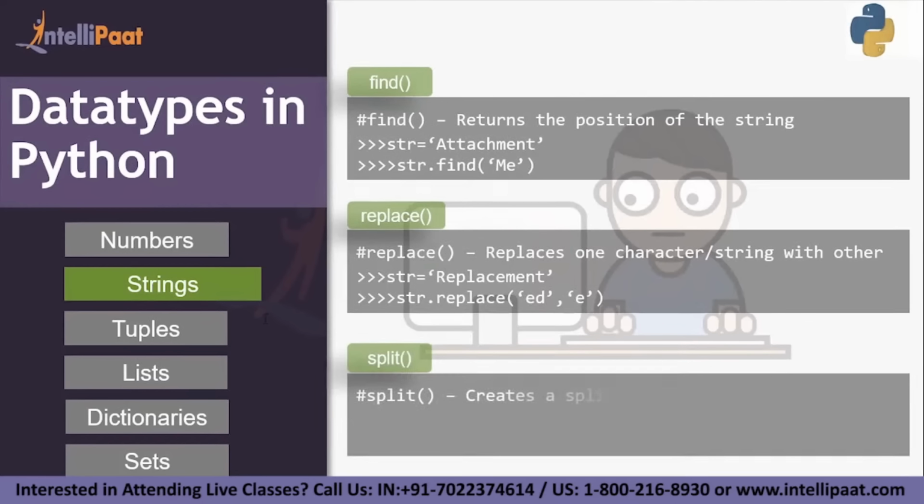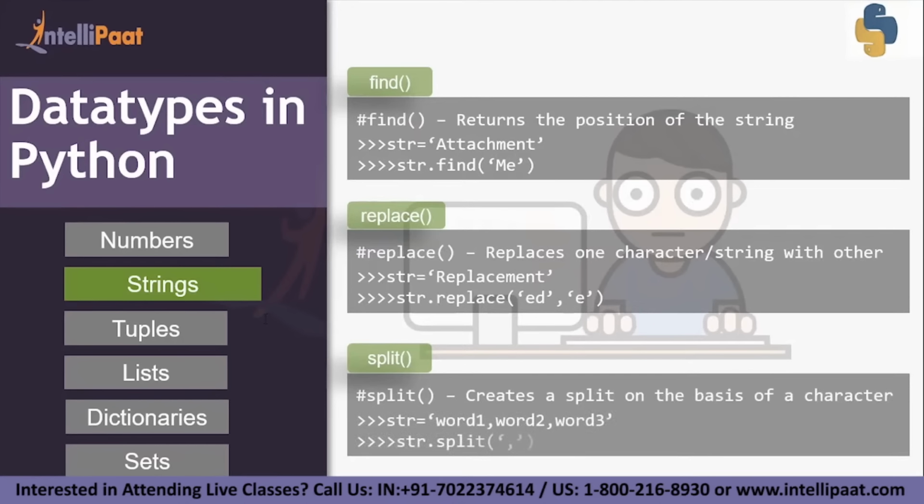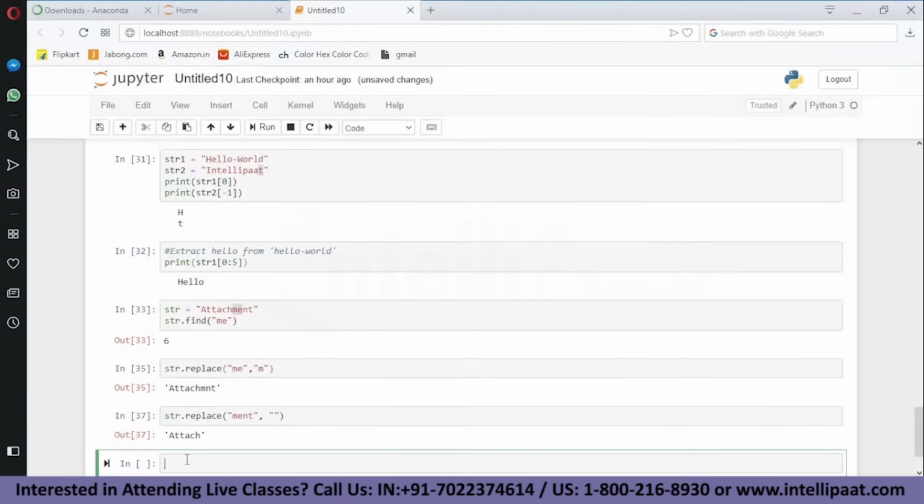Next we have the split function. Well, this function is used to create split on the basis of a character. For example, I have a split string which consists of word 1, comma, word 2, comma, word 3. So all these 3 different words are separated by comma.